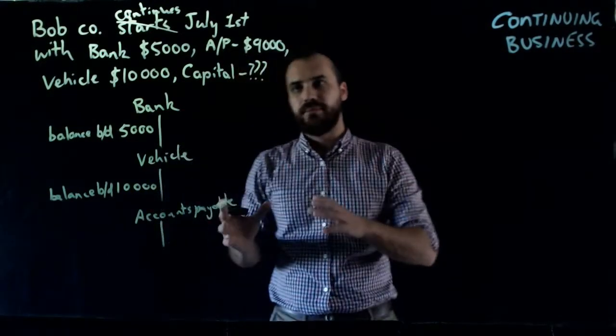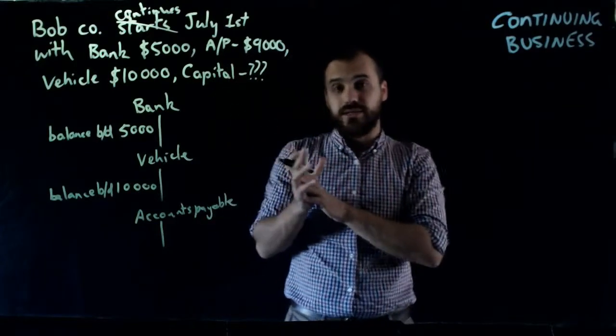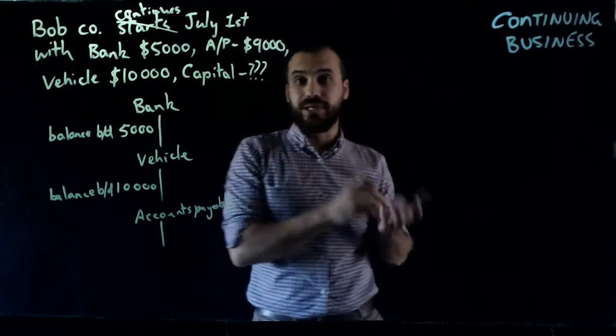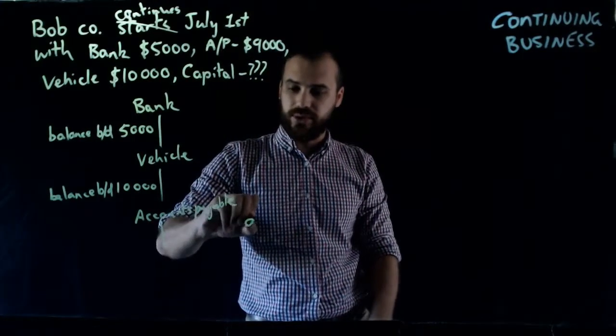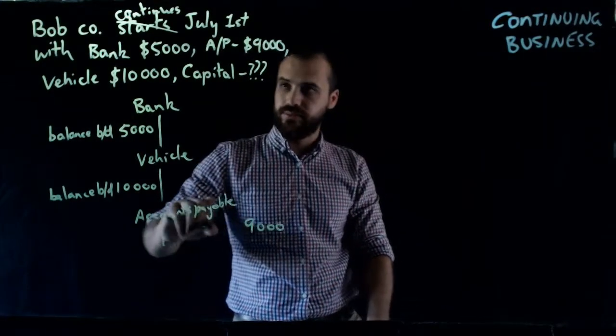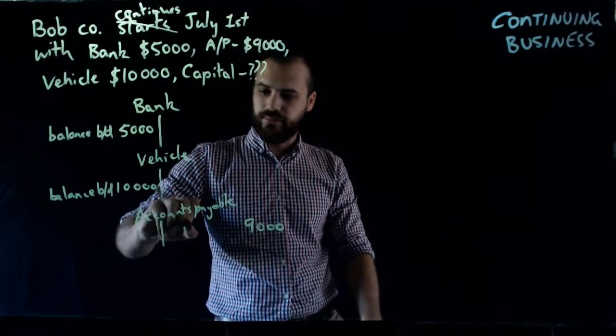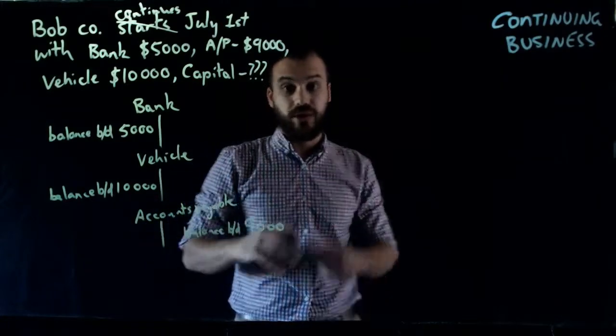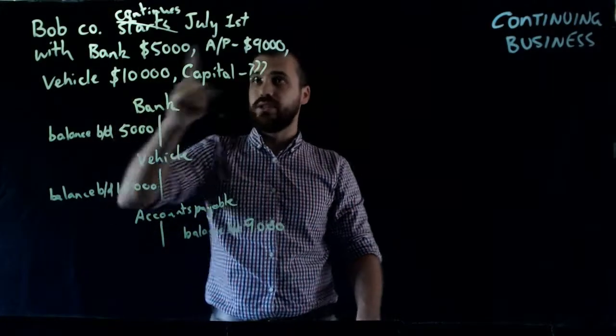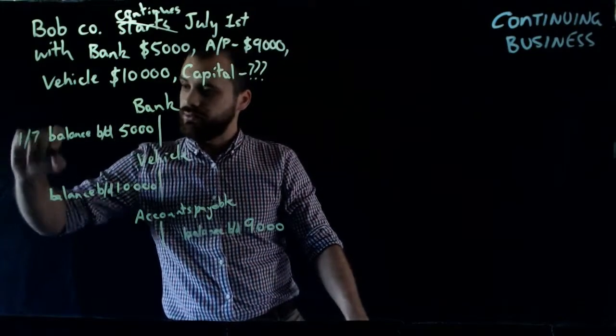Now, accounts payable has a value of $9,000, but accounts payable is a liability. So if it has a value of $9,000, it's going to go on this side. Balance brought down. Now, one thing I should mention that I've been forgetting is that all of this is happening on July 1st.